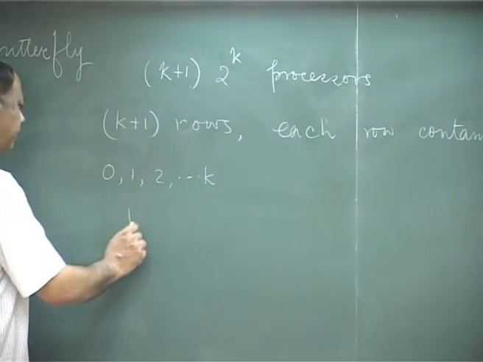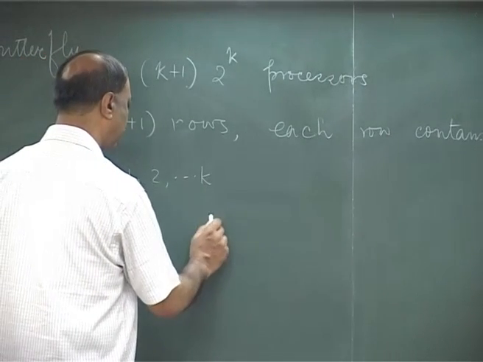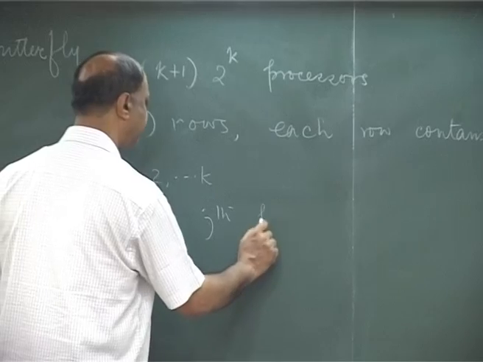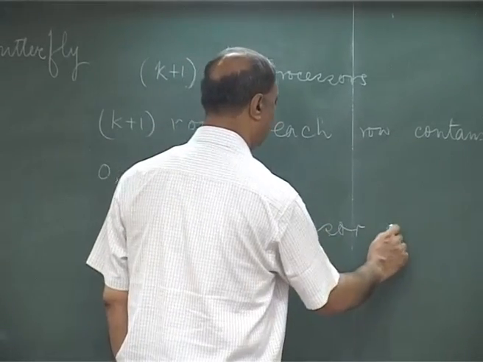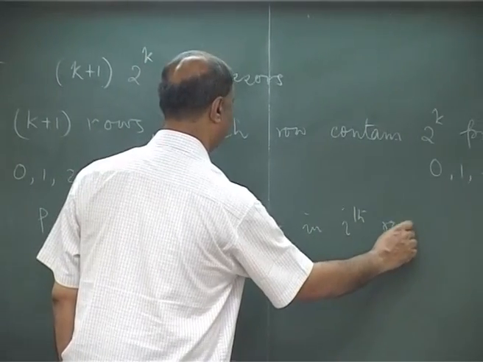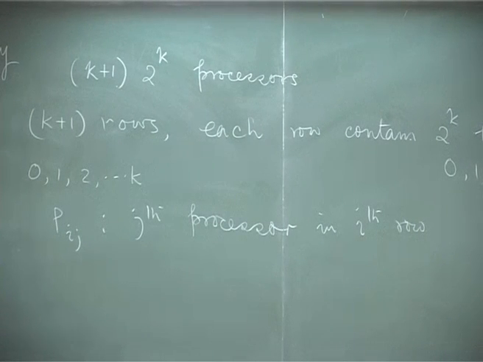Now let us assume that Pij is the jth indexed processor in the ith row. This processor Pij has 4 connections.